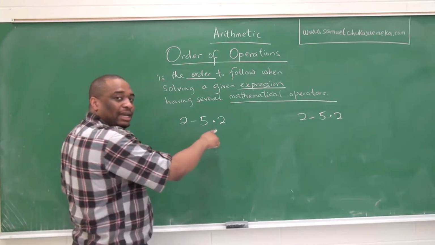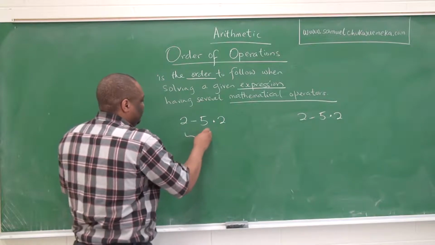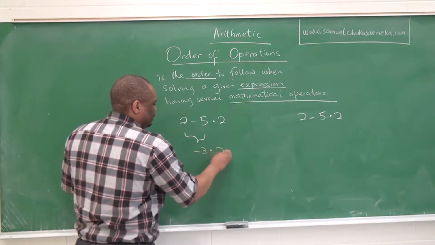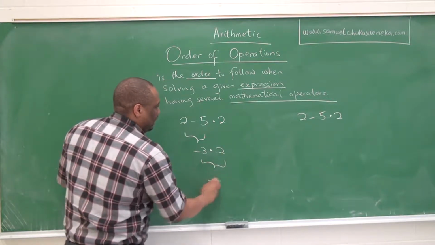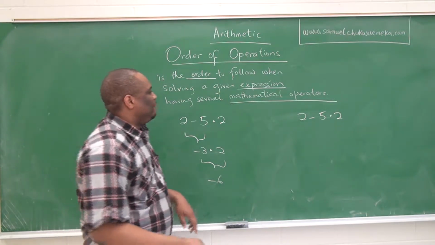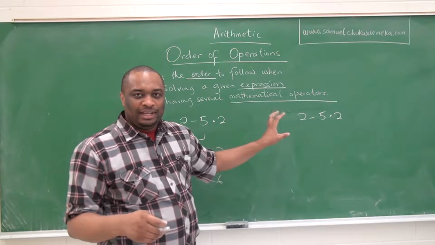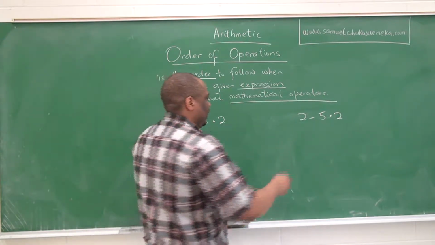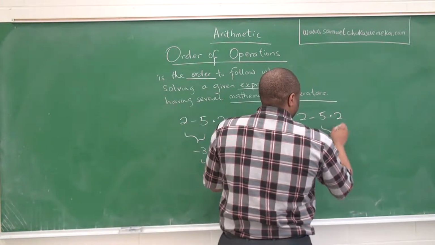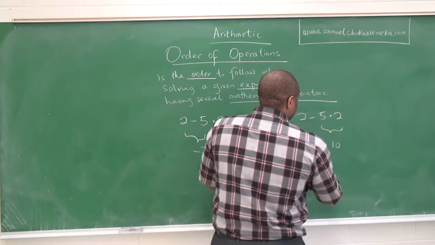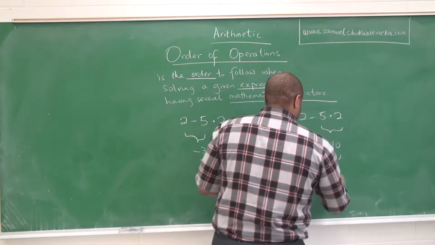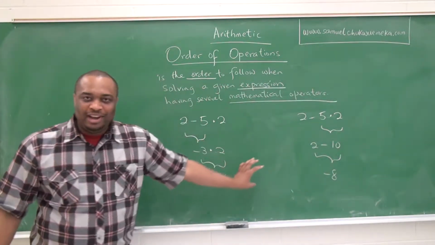If the person does that, then this will be negative 3 times 2, which is negative 6. But guess what? Somebody else might say no, multiplication should be given priority first. Maybe the person will first do 5 times 2 is 10, then 2 minus 10, and this is negative 8. You see, in this case, you're not lucky.